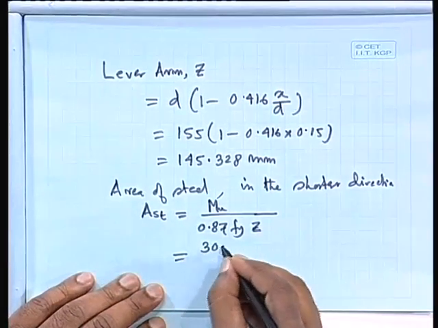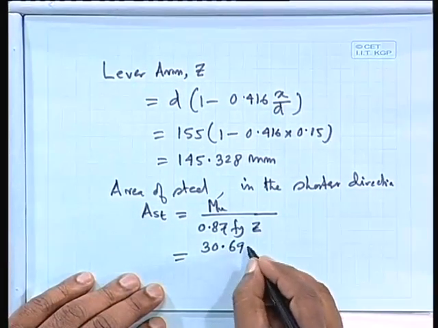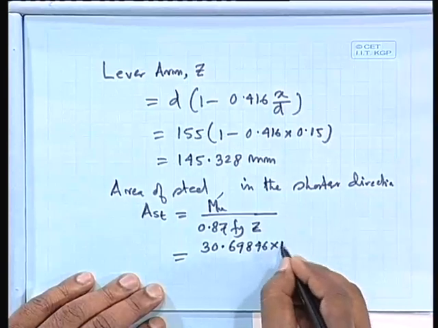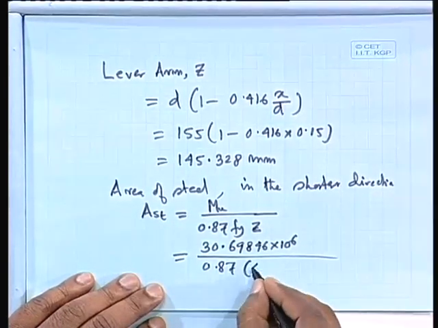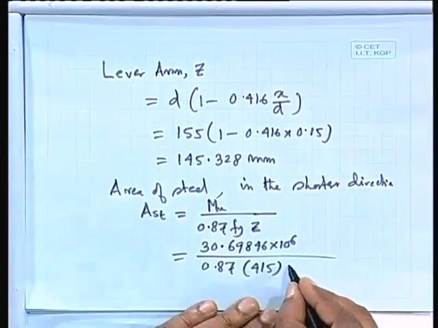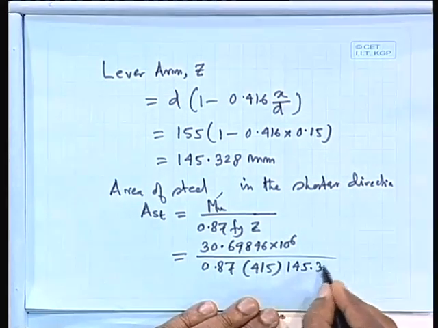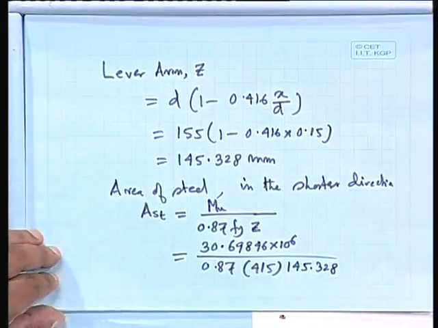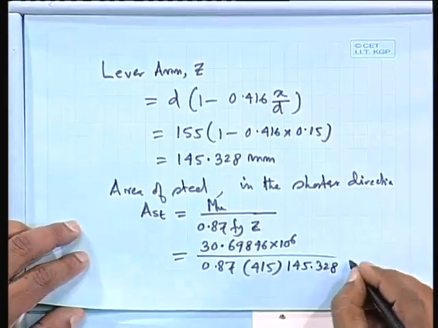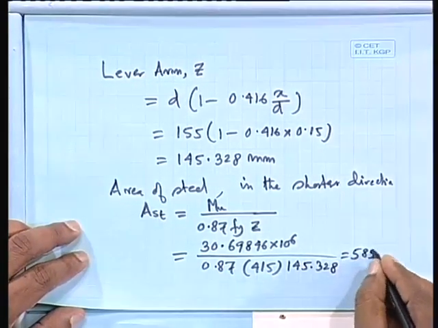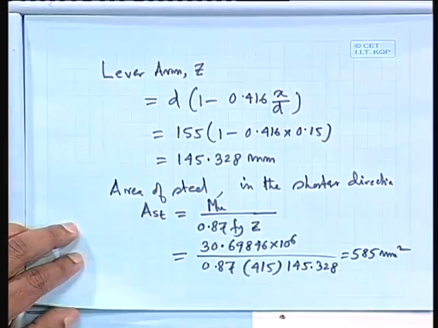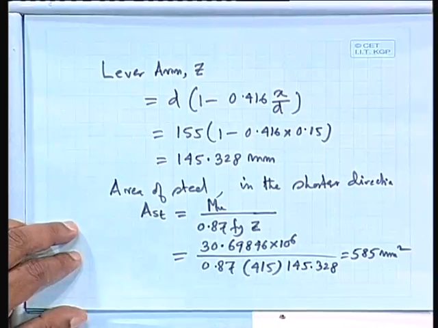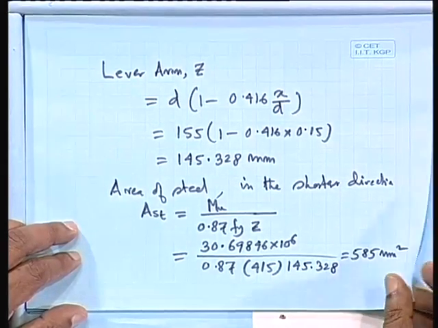So 30.69846 into 10 to the power 6 divided by 0.87 times 415 times 145.328. So this is your area of steel, which we shall get here as 585 square millimeter.